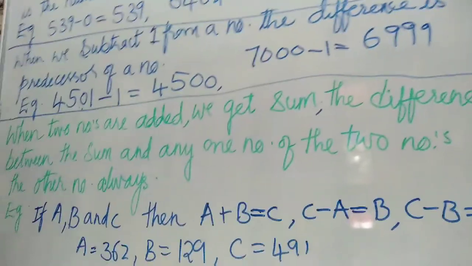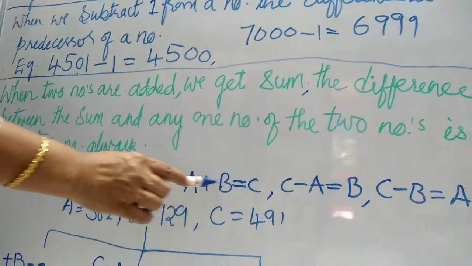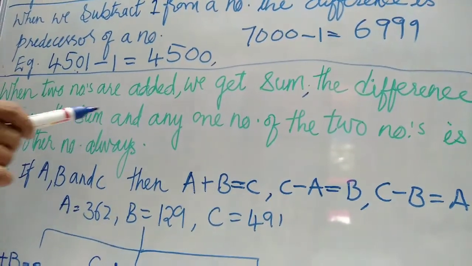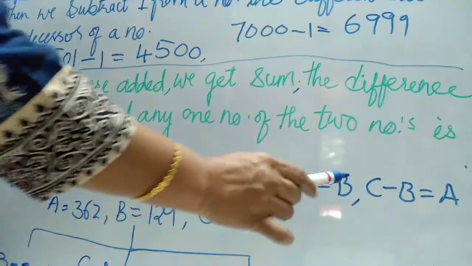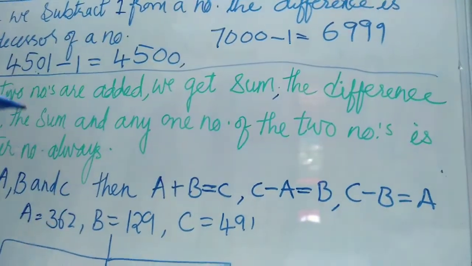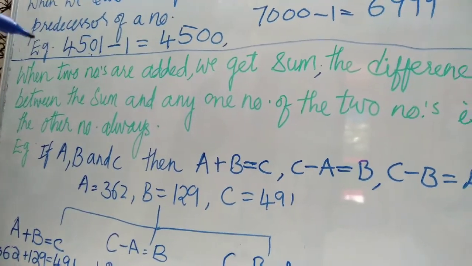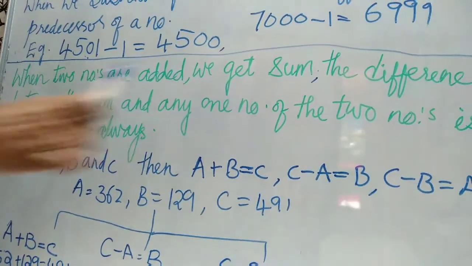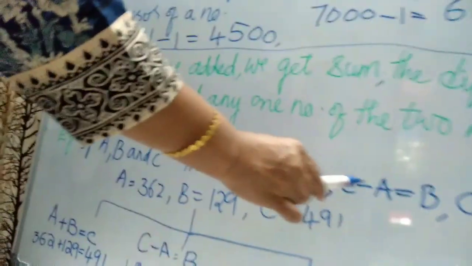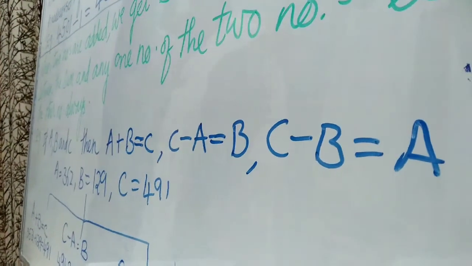A plus B is equal to C. Now if you want to find B and A, C minus A is equal to B, and C minus B is equal to A. If you add A and B, you will get C. From C, if you subtract A, you will get B. From C, if you subtract B, you will get A. This is the third property.